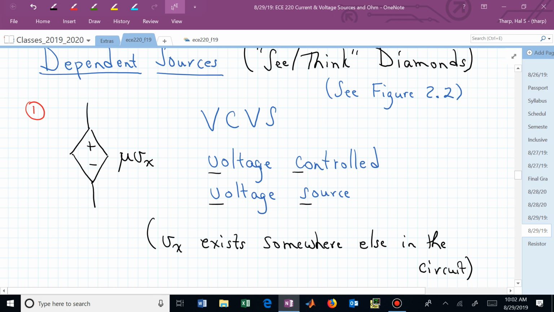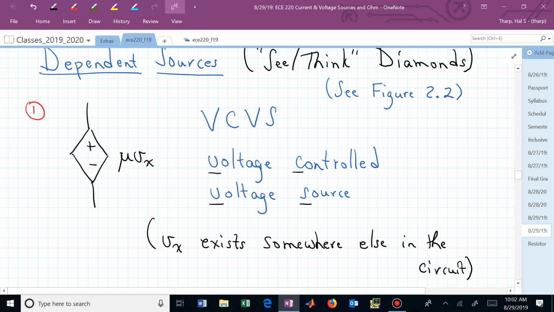Not 25, is it? It's 10. It's 2 times 5. If V sub x happened to be 4 somewhere else in the circuit, mu's still 2, what's that voltage? 8. It's dependent on V sub x. Whatever V sub x is somewhere else in your circuit, you'll have to know where that is. That influences what the value of that source actually equals.